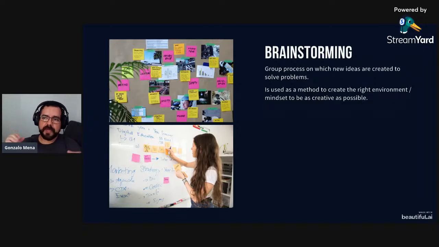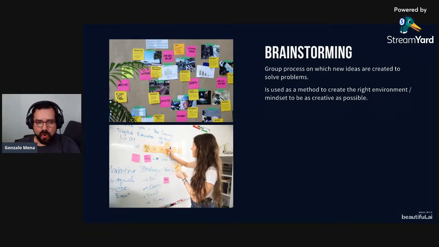You pick a big piece of paper and you organize the process like this. We're going to solve this problem. We're going to try to solve hunger in my town. That is the problem that we need to solve. So I'm going to give myself 5 minutes to write as many ideas as possible on the piece of paper oriented to solve the problem of hunger in my town.